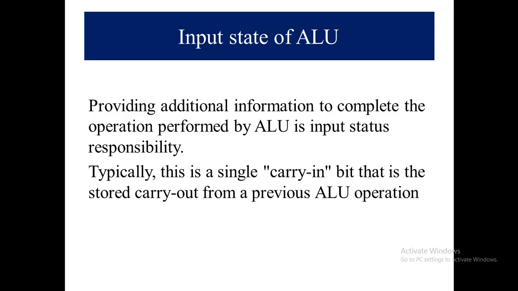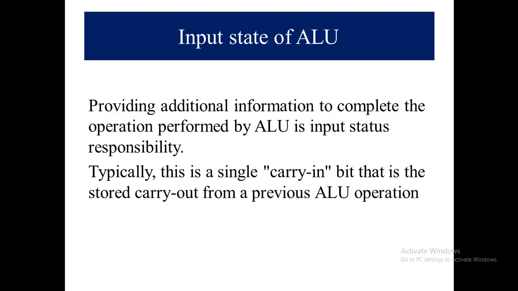So these are all the 3 states of the ALU. The first one is the input state, in which the previous operation output would be the new operation's input, shown by the carry in and carry out signals. The second one was the operational state, in which 3 parallel buses were used to show the input, output and result, and the opcode specifies which type of operation we have to perform.